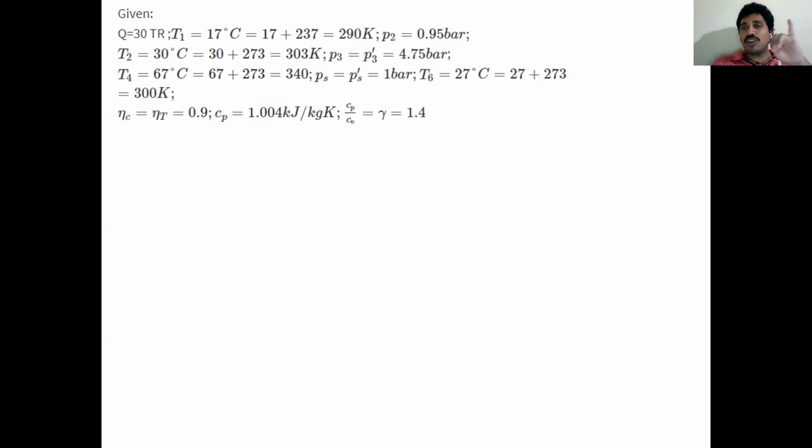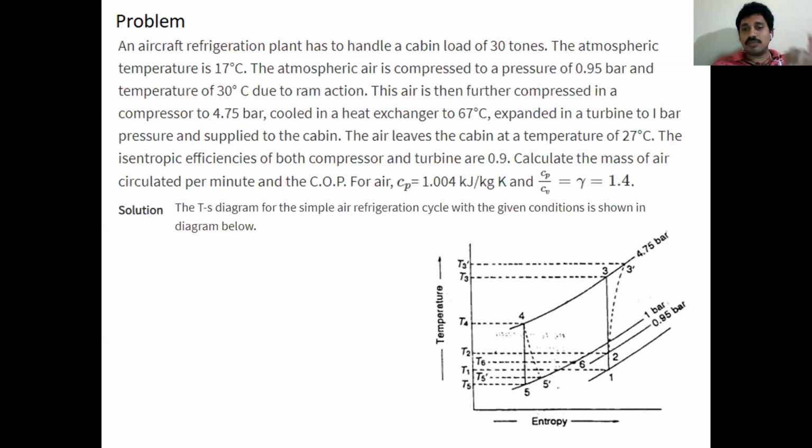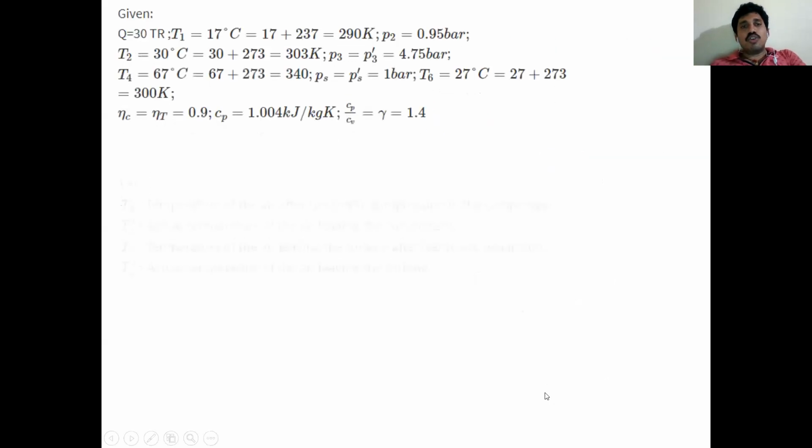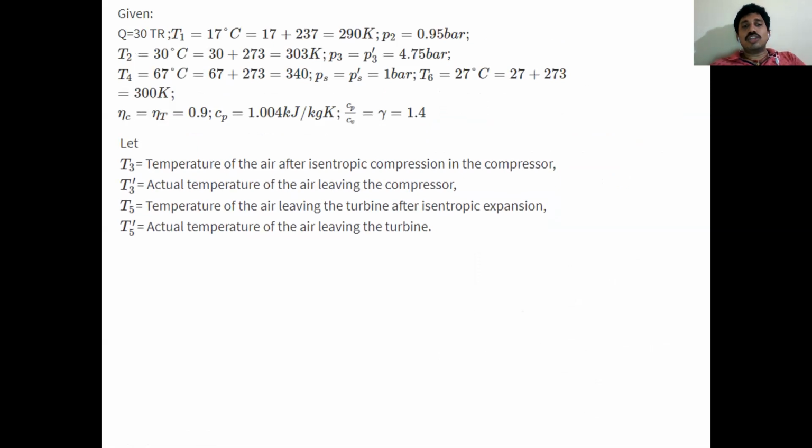You can see in the diagram that T1, T2, T4 and T6 were given. So T3, T3 dash values we don't know, and T5, T5 dash values we don't know. We need to calculate them, then only we can enter into the solution. Otherwise it is not possible.